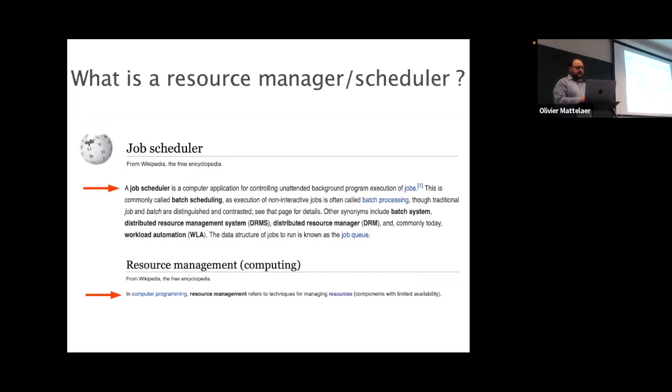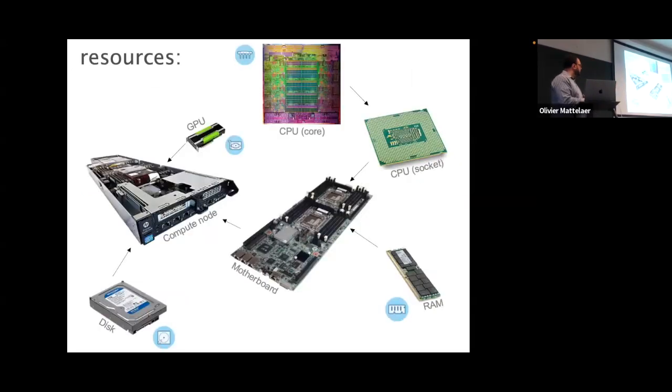The second important term was the scheduler and resource manager. This is a piece of software that does two things. It first organizes the resources in the cluster and decides when a job can access what resource. The resources in a computer have been described earlier by Frédéric, but this is a typical compute node, with the main component being called the motherboard.